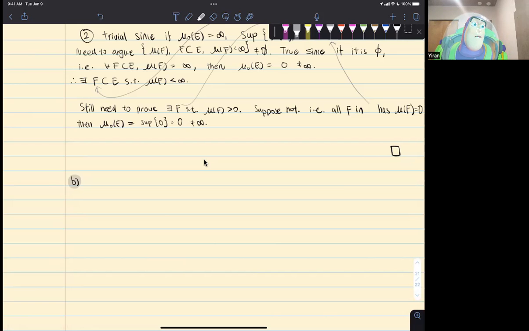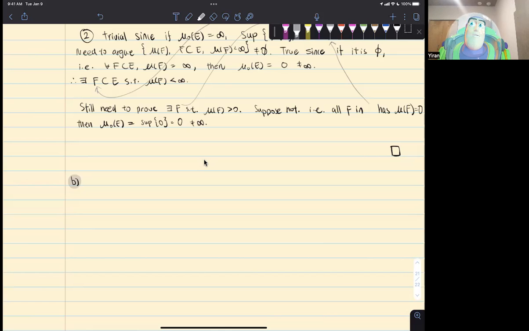But if I have a collection of countable disjoint sets E_j, I want to show that nu of the union of E_j is equal to the summation of nu of E_j. I have some trouble there.